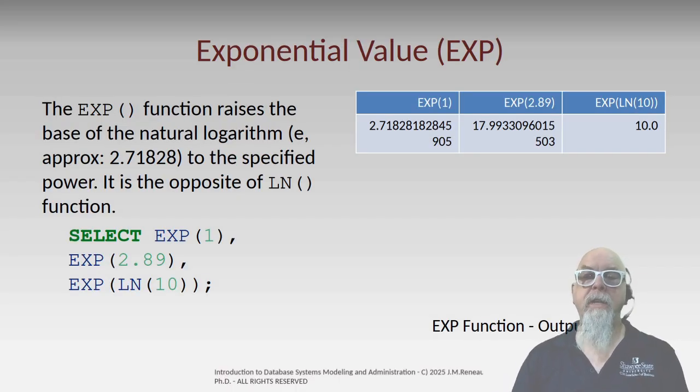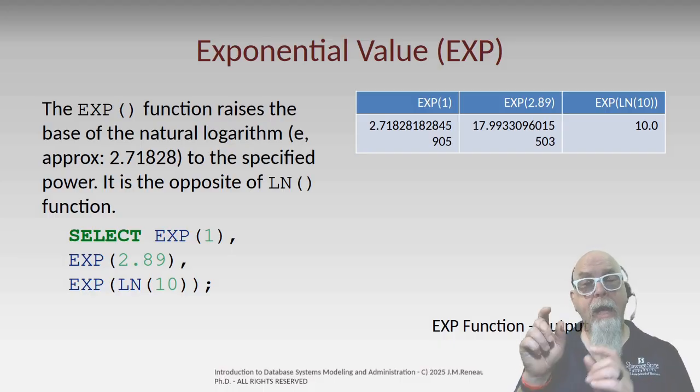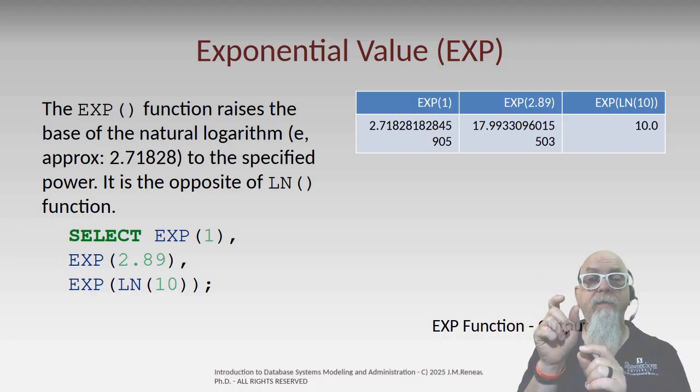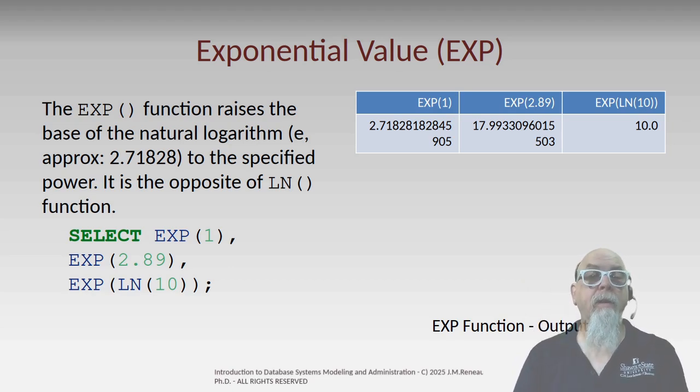Two more functions that you may need as you're doing various things are the ln function and the exp function. The ln function calculates the natural logarithm of a number. So it calculates what the power is if the base number was approximately 2.71828, or e, as we mathematicians call it. The exp function raises e, the base of the natural logarithm, to the number you say.